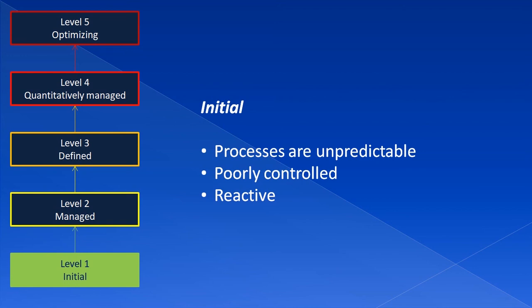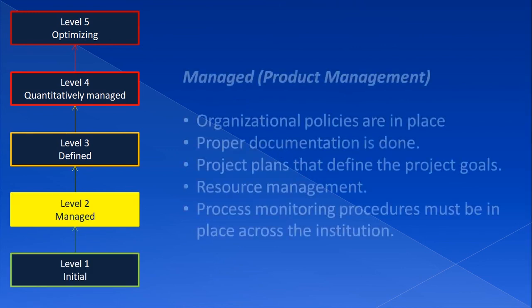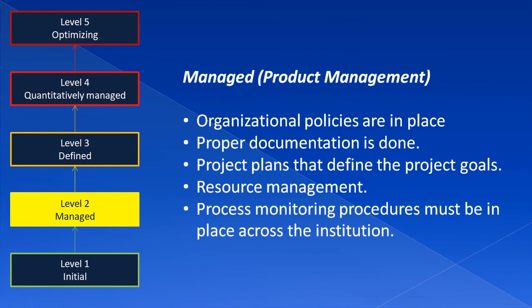That is the initial level of a student. After that, you come into a managed level. You have your policies and your personality, you manage and monitor your resources, and you have responsibility for yourself. That is level 2, a managed student.